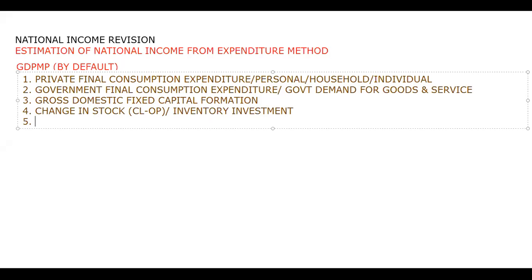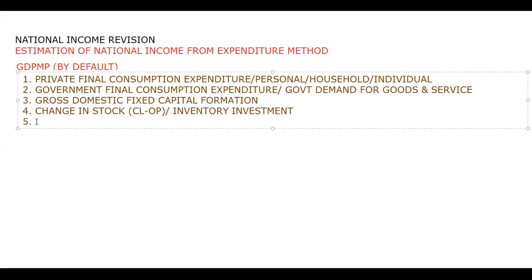This also we have to take. So private final consumption expenditure, government final consumption expenditure, gross domestic fixed capital formation, and change in stock, that is closing stock minus opening stock.